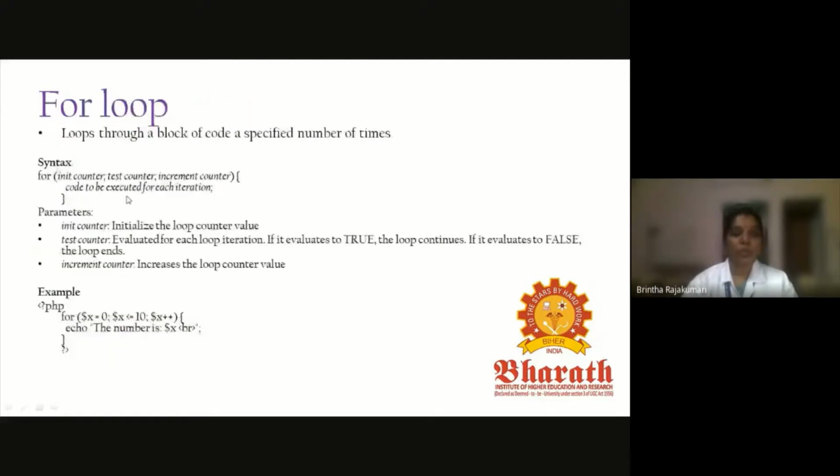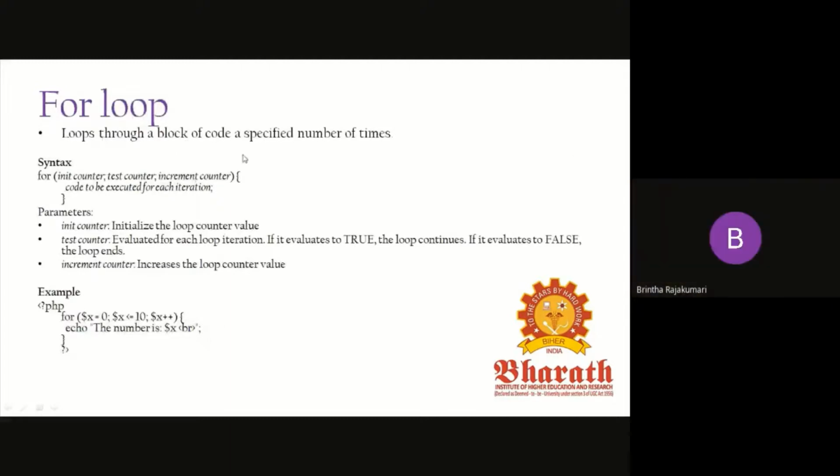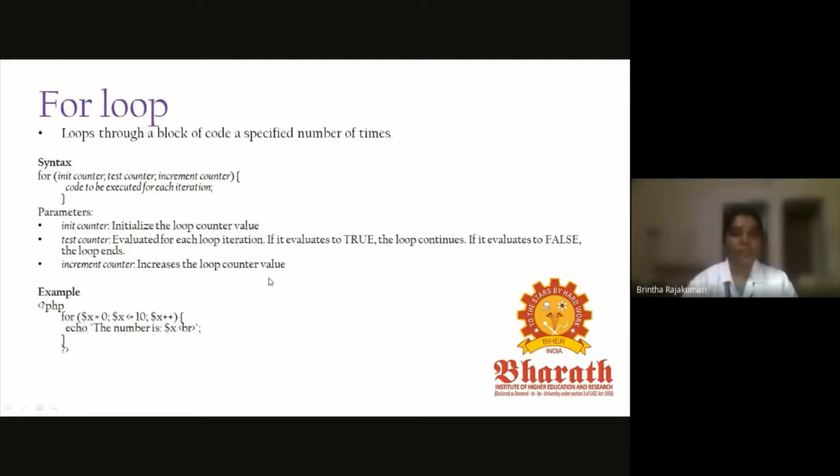Then the for loop loops through a block of code a specified number of times, and see here, the for loop has three parts: the counter, the test, and the increment or decrement counter. First is initialization, second is condition, third is the increment or decrement part.